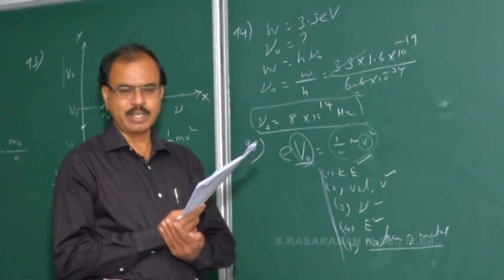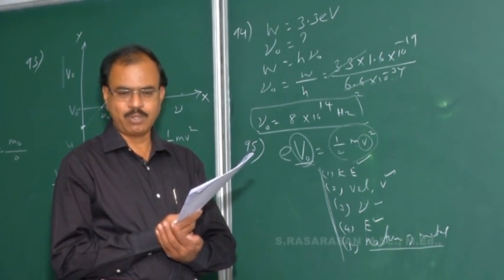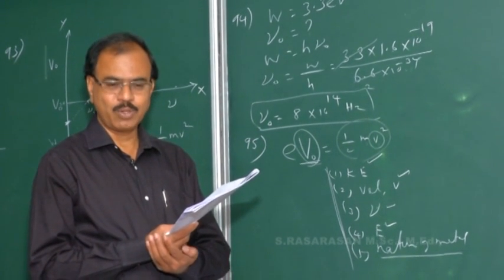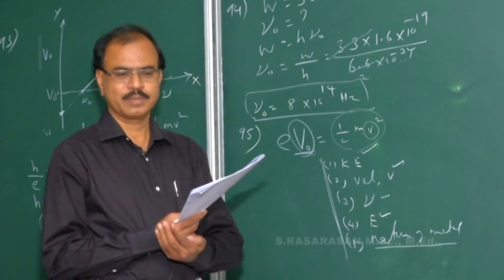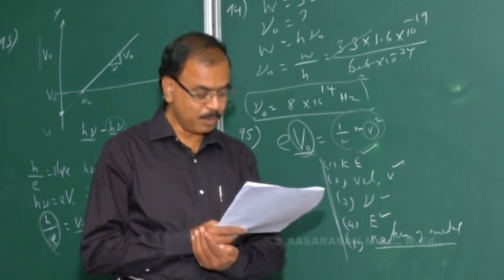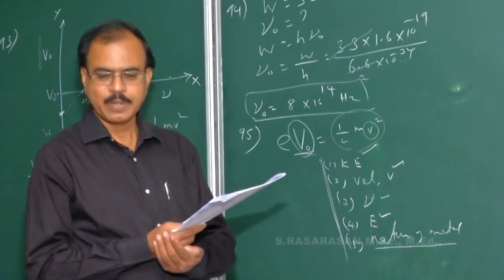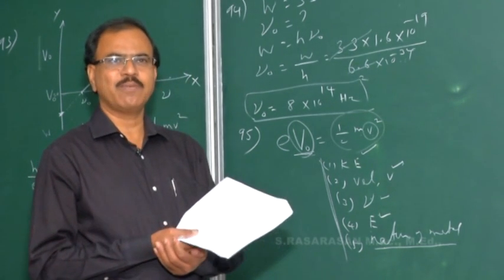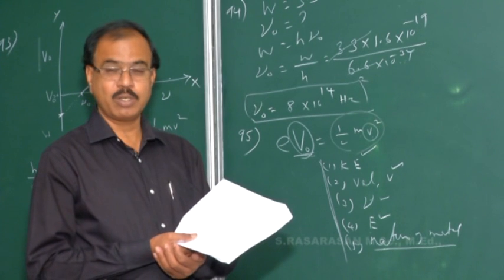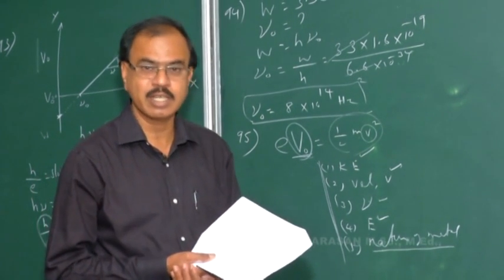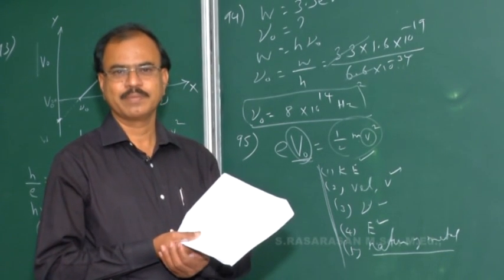Even you can recall the law of photoelectric emission. The stopping potential depends on the kinetic energy. The maximum kinetic energy of the photoelectron is directly proportional to the frequency of the incident radiation, not on the intensity of the incident radiation.